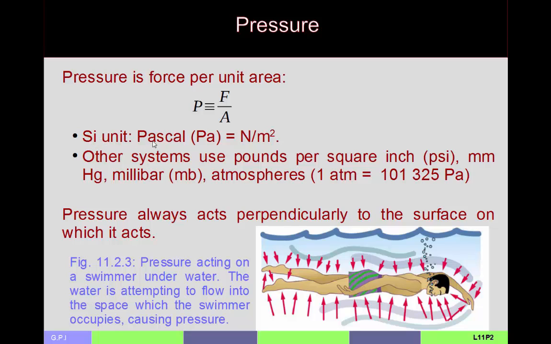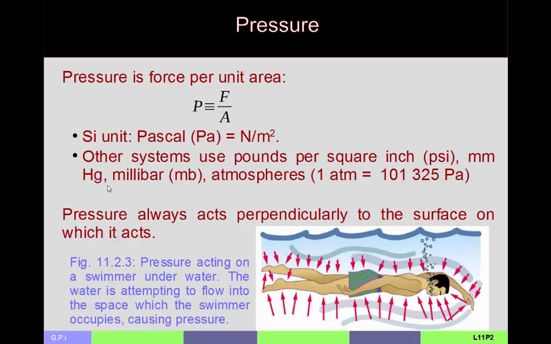The SI unit is the Pascal, which is equivalent to newtons per square meter. Of course, there's quite a few other units used in measuring pressures, in part because there have historically been quite a few different methods for measuring pressure. The US customary unit is basically the pound per square inch, sometimes abbreviated PSI.